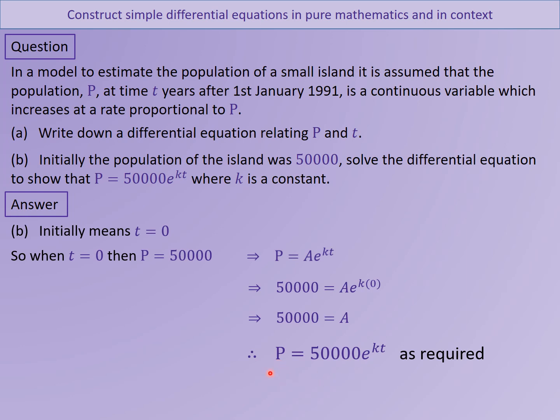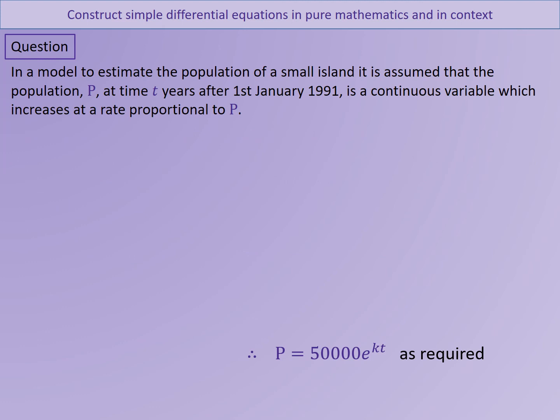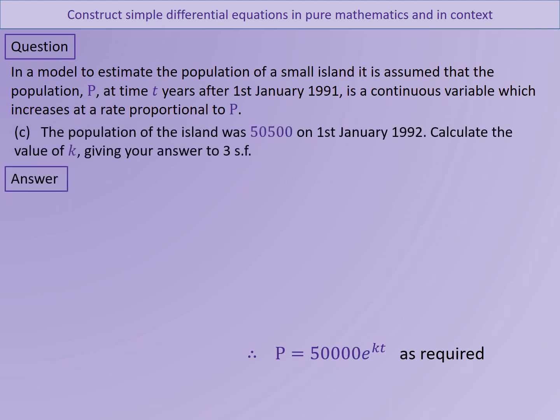So that's my general solution. The only constant I don't know now is the k value. It's still a general solution, of course, because I still have unknowns in there. Can I use that to answer the next part of the question? Let's have a quick look. The population of the island was 50,500 on the 1st of January 1992. From that, can you now calculate the k value?